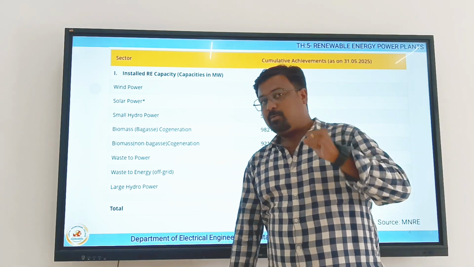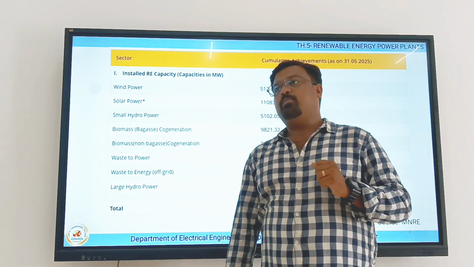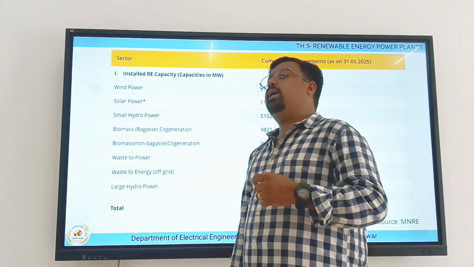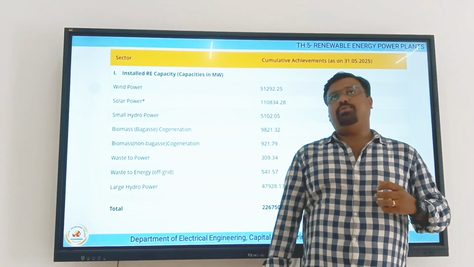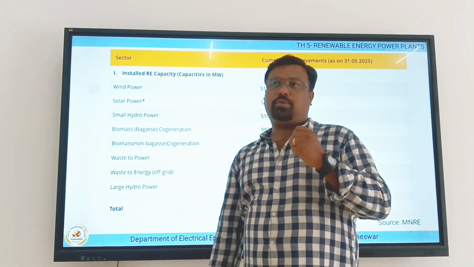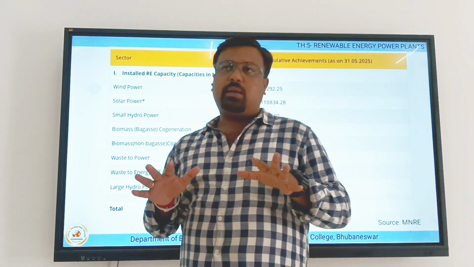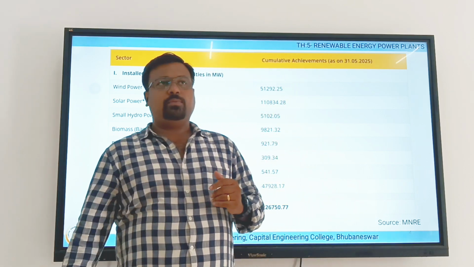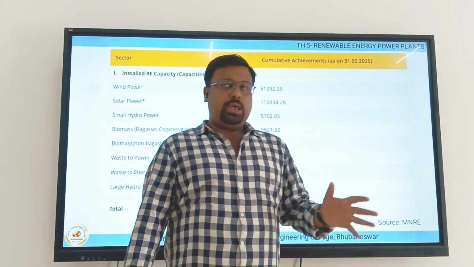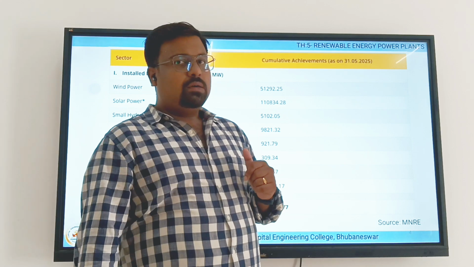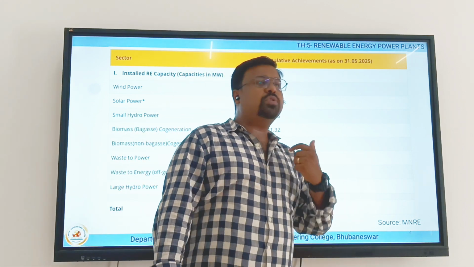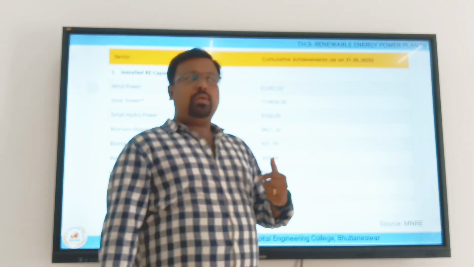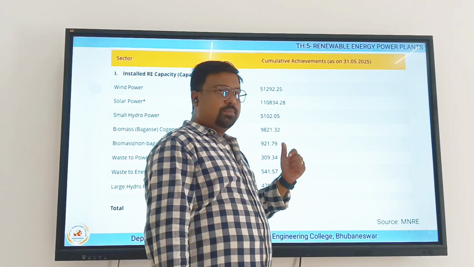So what does it mean? It means that by the progression of time, when there is a need to integrate renewable energy sources into the conventional power systems, into the traditional power systems, among all the renewable sources of energy, the most popular option, the most used option, is solar.